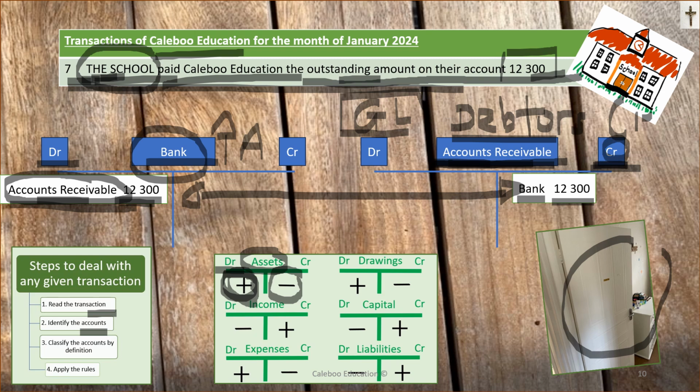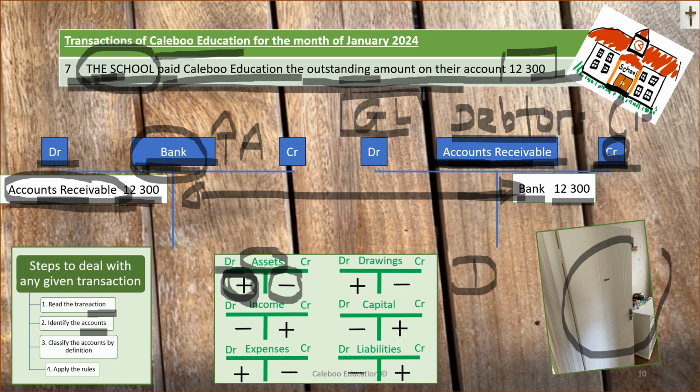So there you go, transaction number 7. Received a payment from a debtor. Bank was debited and accounts receivable was credited.